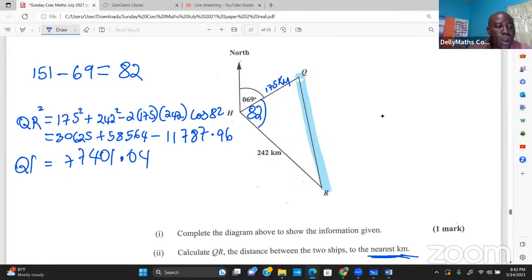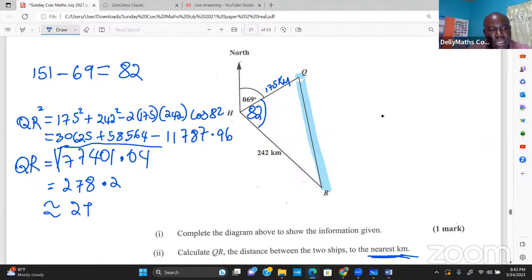To find QR, you want to take the root of that, and you're going to get 278.2. But remember, the question says to the nearest kilometer. So it is approximately 278 km.